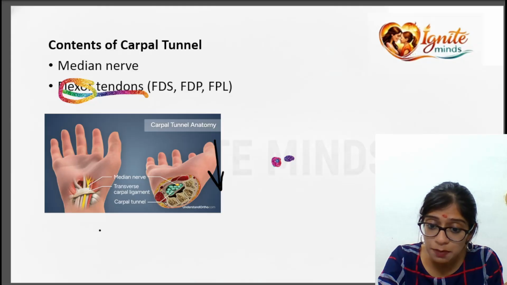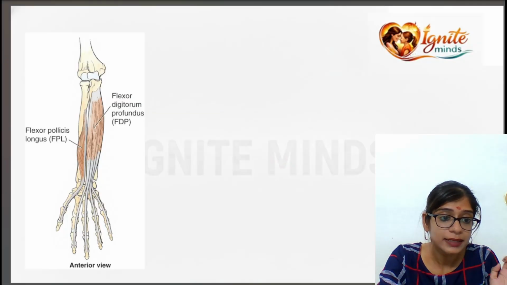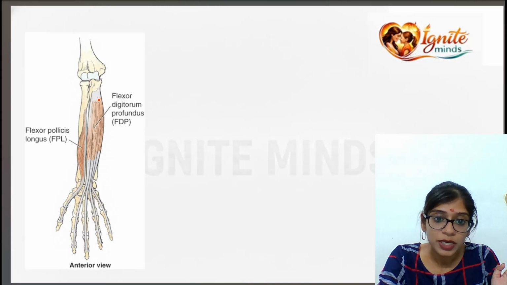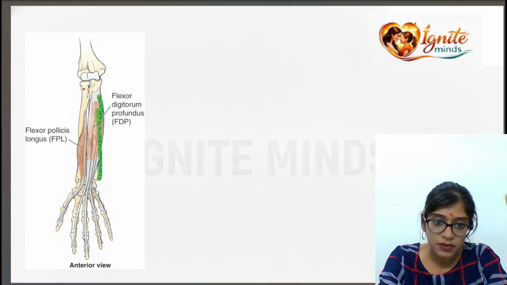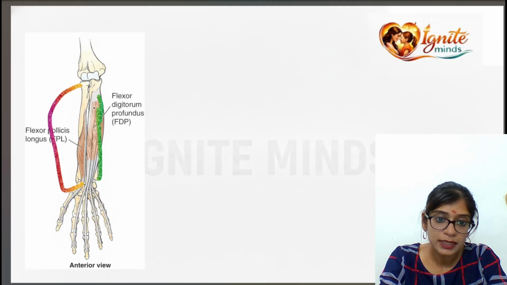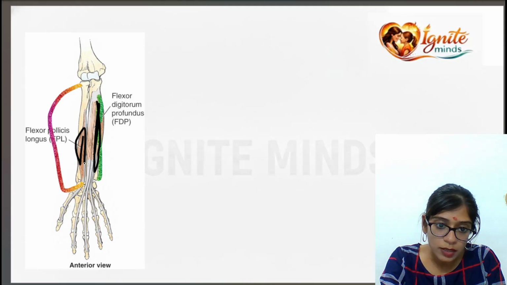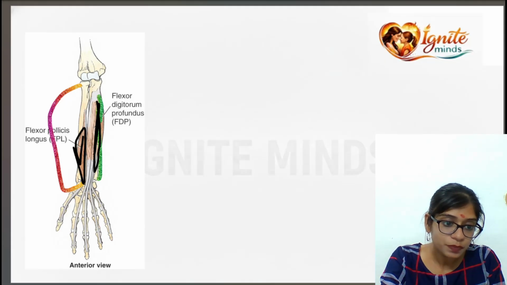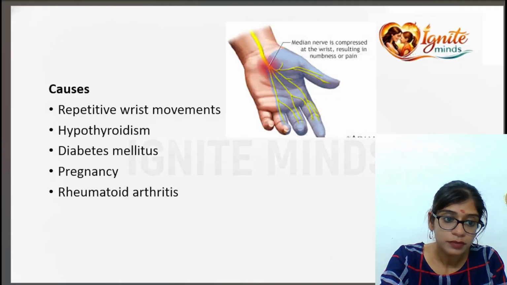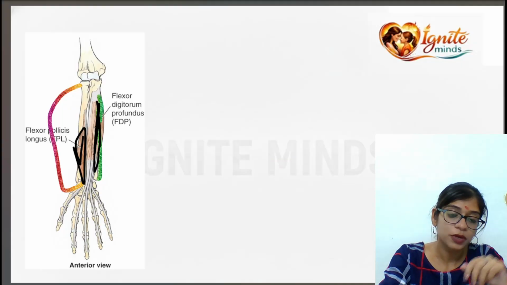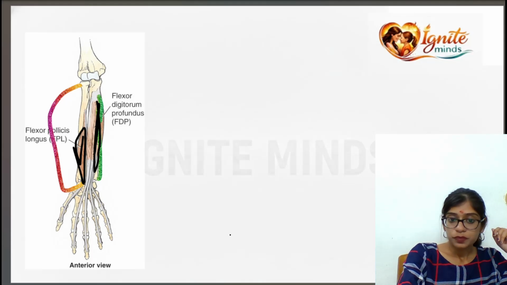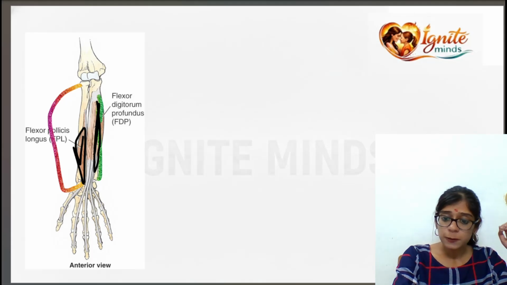See, can you appreciate, this is a forearm, and you can see this muscle here, that is FDP, and this muscle here, that is FPL. Fine. So why are they called flexor muscles?